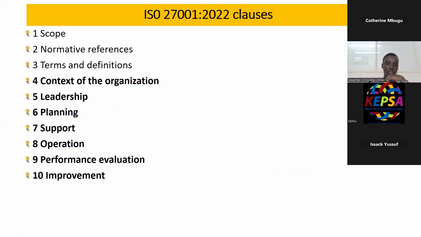Then clause 5 is about leadership. Leadership is very important for ISO 27001 because without leadership authorizing this ISO 27001, it can't work in the organization. You have to get a buy-in from the leadership.